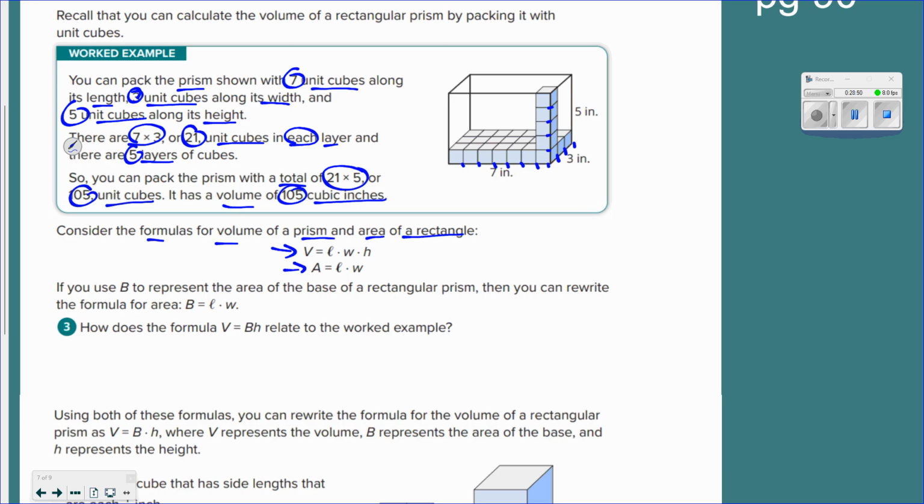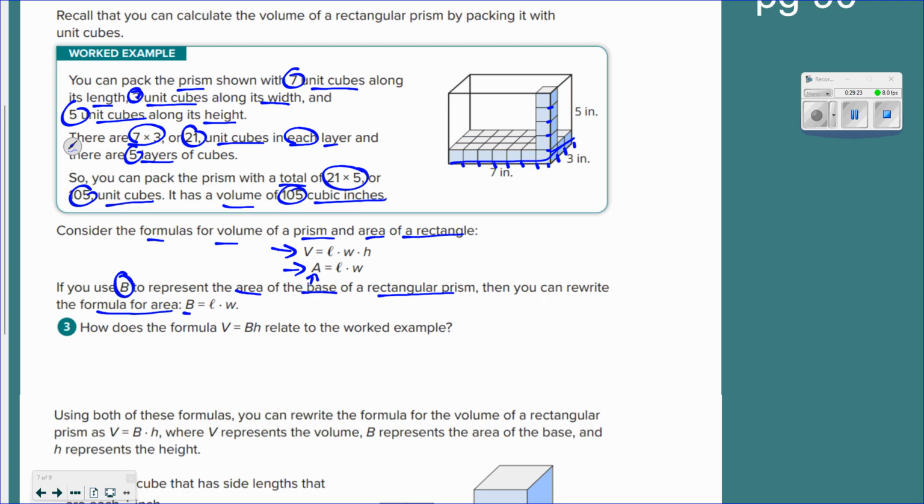Okay? So if I use a capital B to represent the area of the base of a rectangular prism, then I'm looking at this base, and the area of it is going to be length times width. Everybody okay with that? So B is length times width, the area of the base.